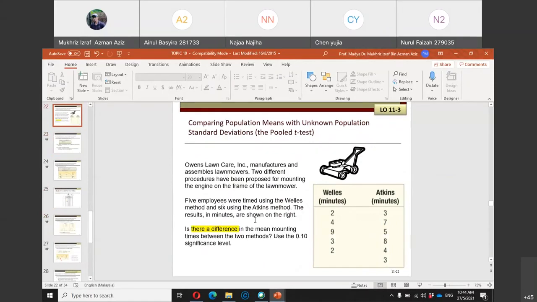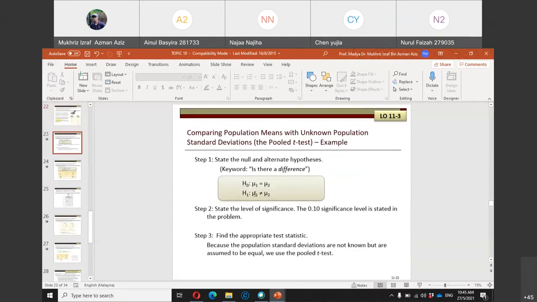Whenever you want to test a difference, it doesn't matter whether it is Wellis minus Atkins or Atkins minus Wellis. But again, it's how you write down your H1. Because when it comes to difference, compared to longer or bigger than or smaller than, you must put the notation or the sequence in your H1 correctly.